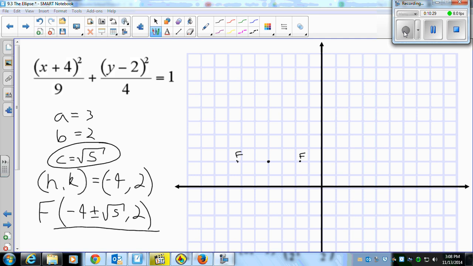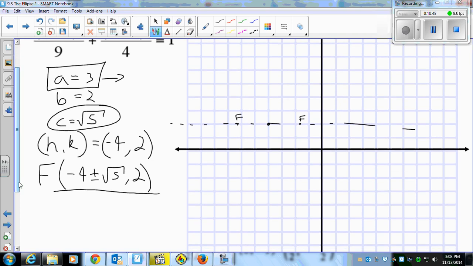Okay, my vertices, remember, are just going to be my A value for my major axis. So I know this is my major axis. That 3, it's 3 away from the center. So if I was here, I add and subtract 3 to that, I get my vertices to be -4 plus or minus 3, comma 2. So I'm going to be at -7, which is one vertex. And then I'm going to be at -1.